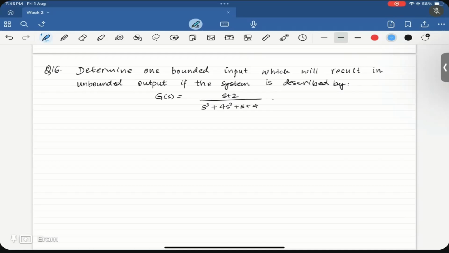This question is a summary of all the questions that we have done. So please try it and see if you are able to find out the solution of this problem.